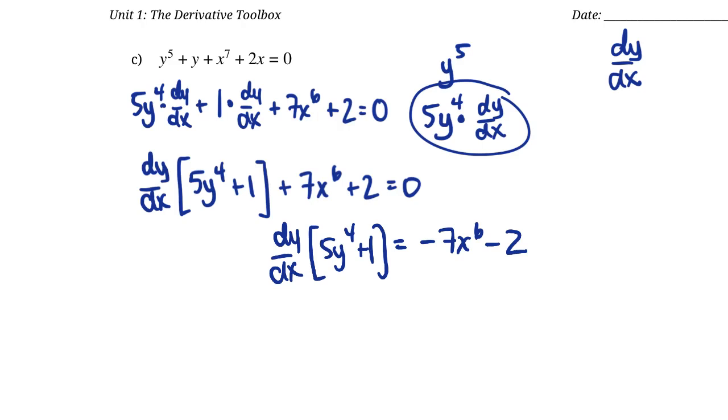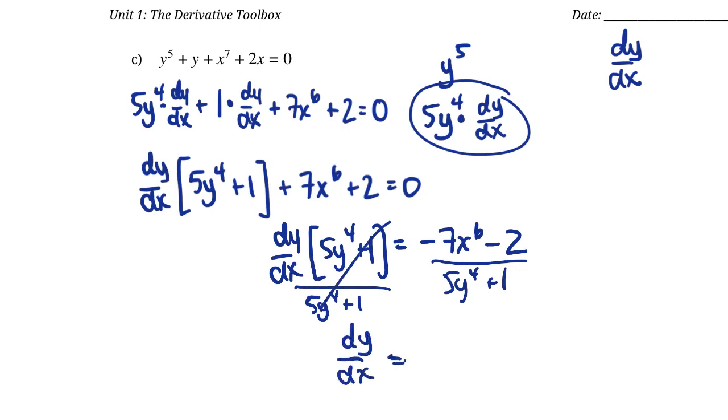And then in order to isolate that dy by dx, we can just divide both sides by 5y to the 4 plus 1. That's going to cancel out, and we're left with dy by dx is equal to negative 7x to the 6 minus 2 over 5y to the 4 plus 1. There we go. That's our derivative, our explicit derivative.